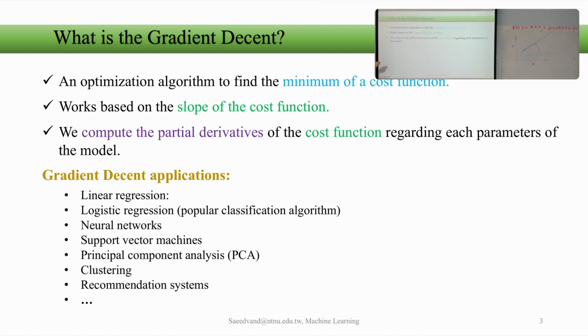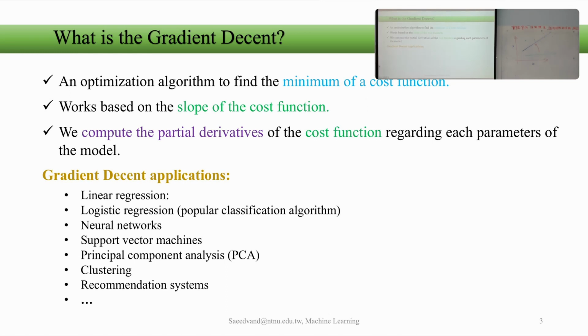We compute the partial derivatives of the cost function. Of course, we have many parameters. Regarding each one of the parameters, we can find a way to improve our model. But in order to understand this, we will break it down more.